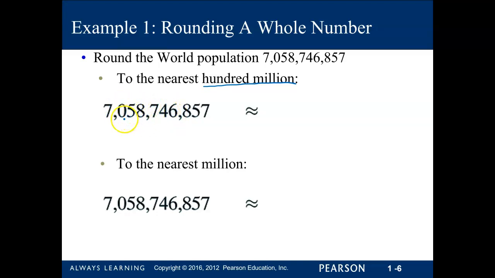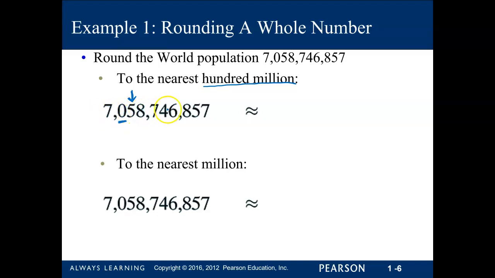So 100 million is going to be the 0. Our question is, will 0 remain by itself as 0, or will it change to 1? Because remember, we need to look at the digit to its right. So in this case, we are going to refer to the number 5 here, the one right beside it. Is this digit greater than or equal to 5? Yes. So it means that this 0 will be increased by 1.